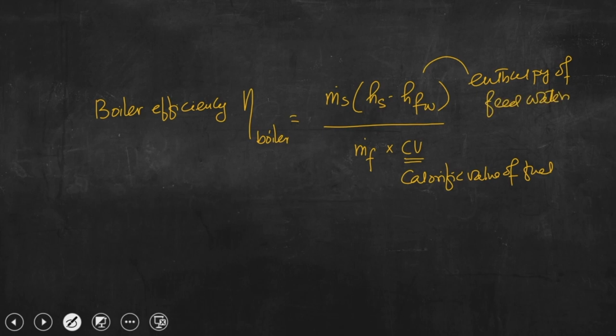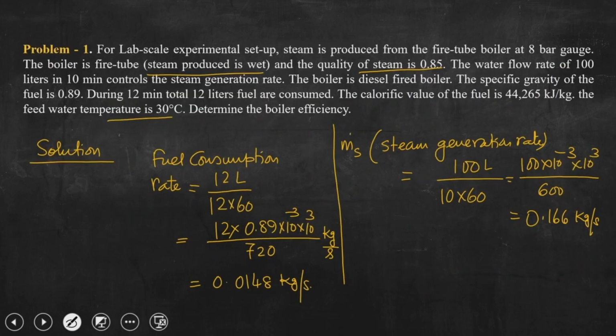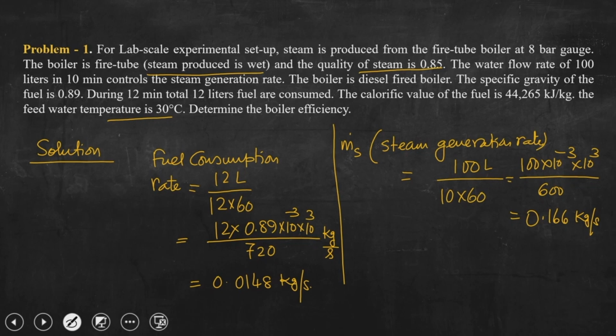Right? How can we calculate the enthalpy of feed water? If we go to the problem statement, it is given that the feed water temperature is 30 degree Celsius. So, HFW, again if we try to recall the ideal or actual Rankine cycle, the liquid which is pumped to the boiler is the saturated liquid, and then it is pumped to another pressure, that is the pressure of the boiler.